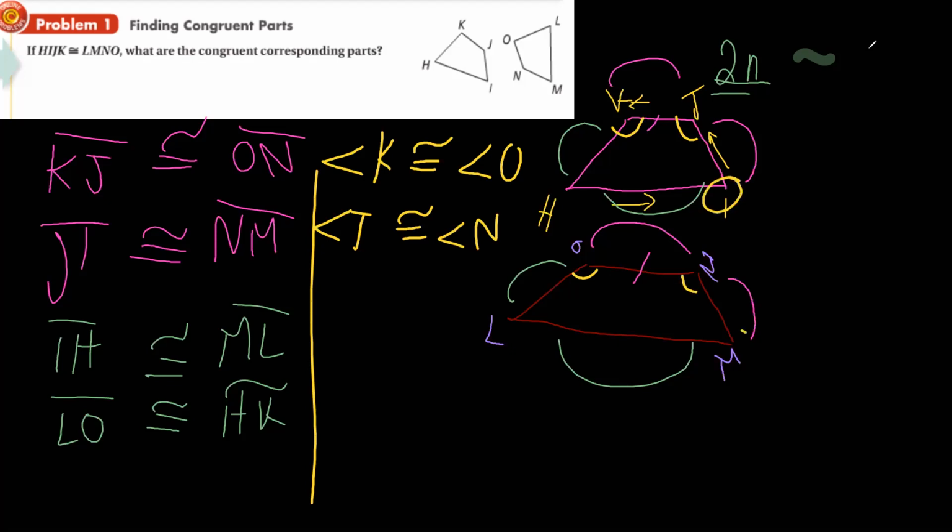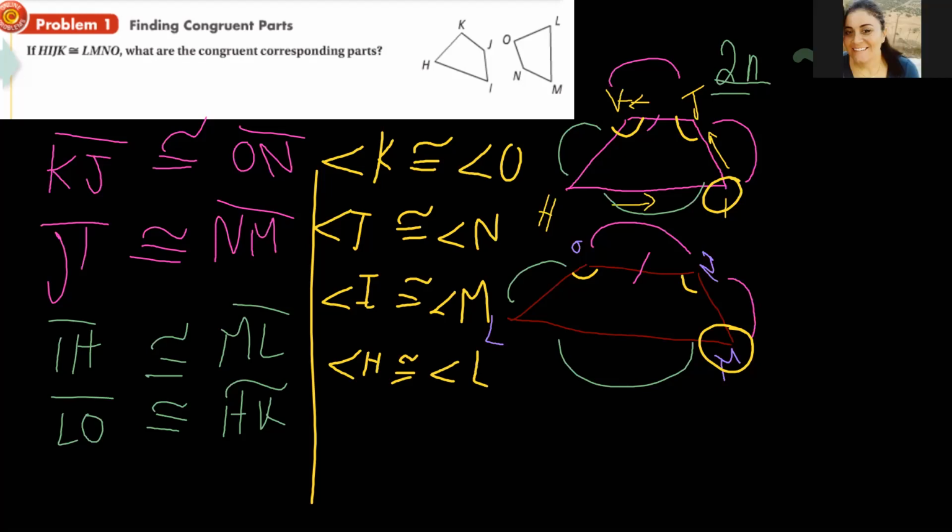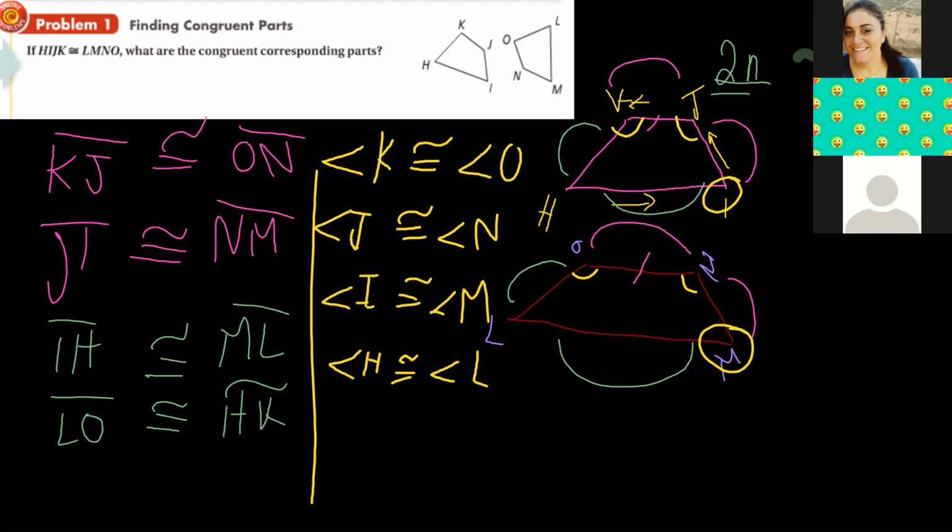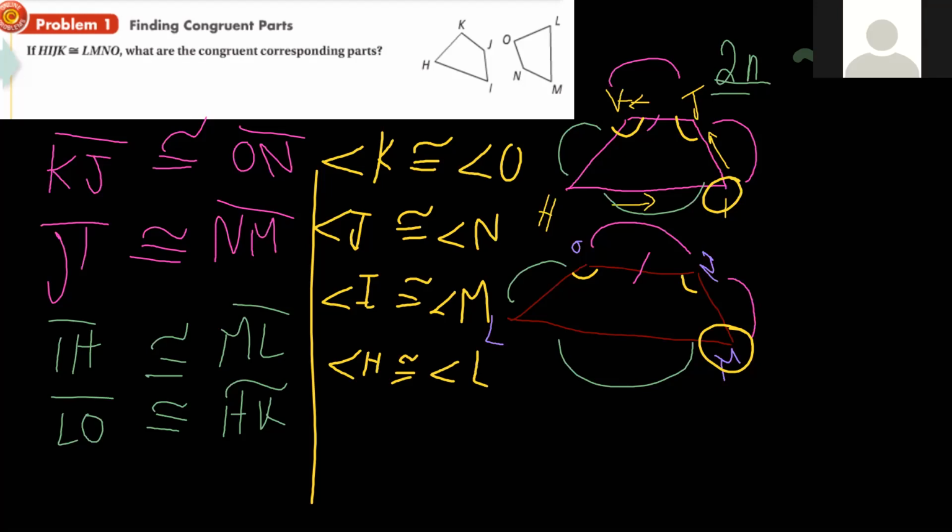And angle I corresponds with angle M. And also angle H. Teacher, after K what? Angle K corresponds to angle O. And the second one? Angle J. Okay. Thanks. You are welcome.